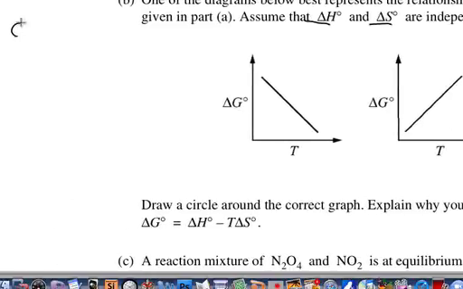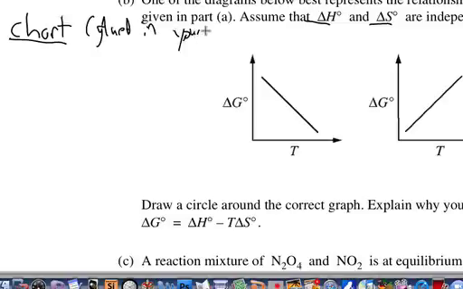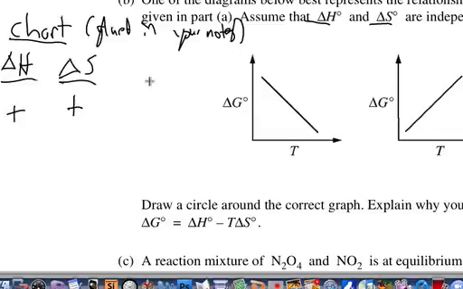If delta H is positive, which it is up here, and delta S is positive, which it is right here, what's up with delta G and temperature?